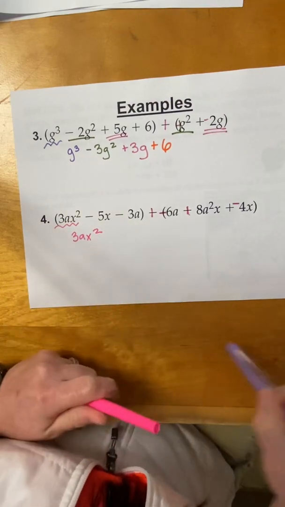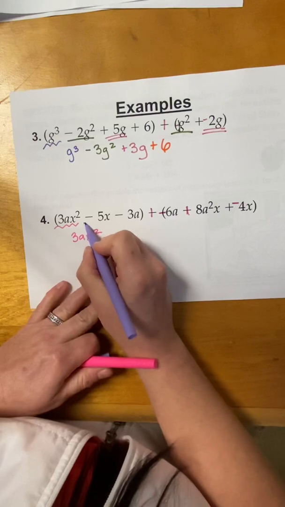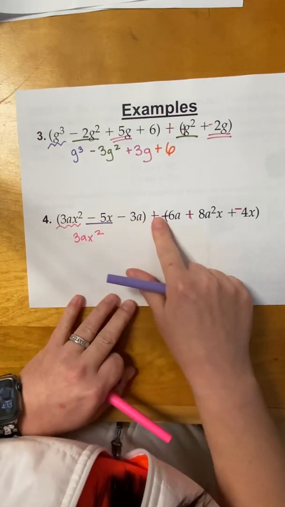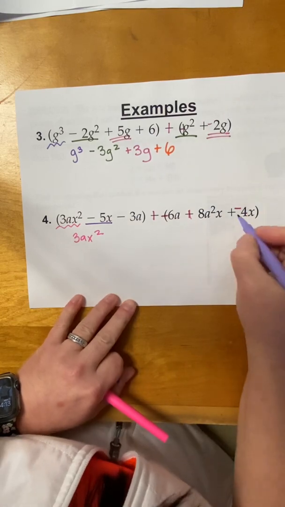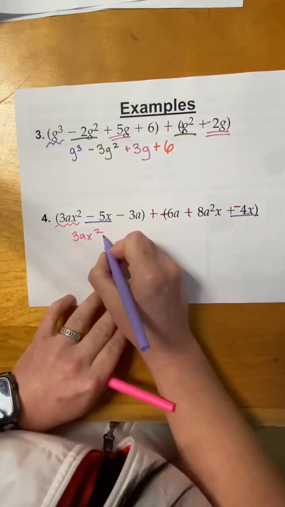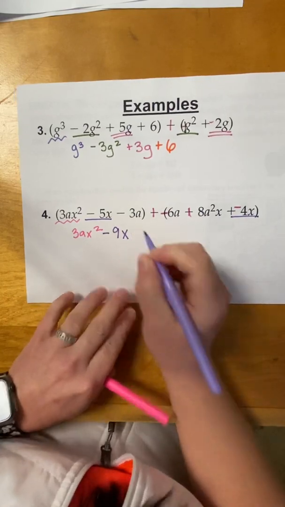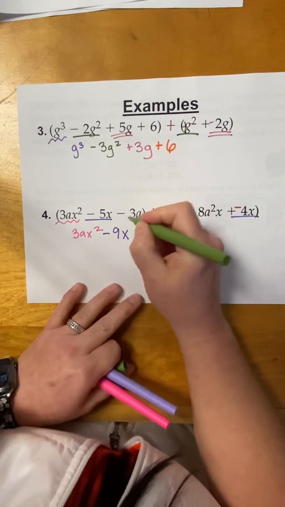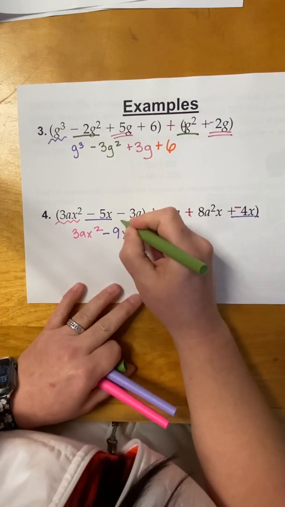All right. Then we have a negative 5x, so I'm looking for another x. Aha, right here. We have a negative 4x, so same sign, add and keep. That'll be negative 9x. All right, then we have a negative 3a.